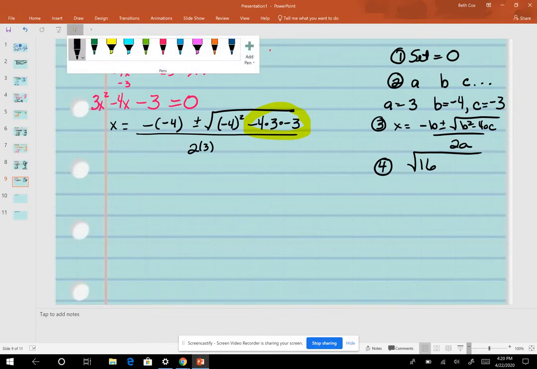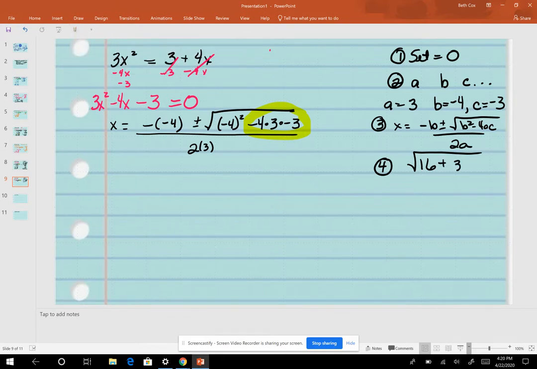Okay, and 16 plus 36 is going to give me a positive 52. So that's going to give me 2 times 26, 2 times 2 times 13. The 2s are going to get out, and the 13 stays in. Radical done all the way. That's step 4. Radical done all the way.